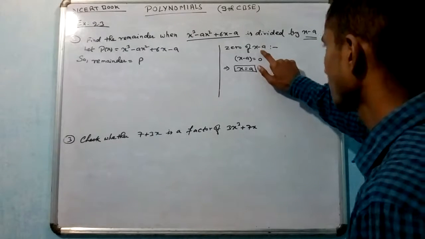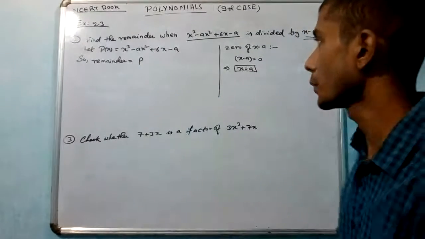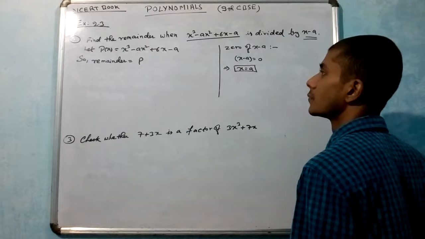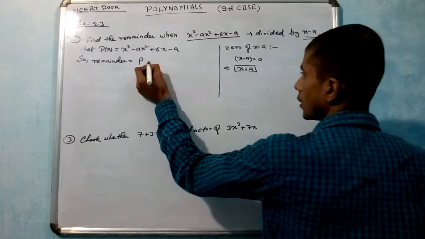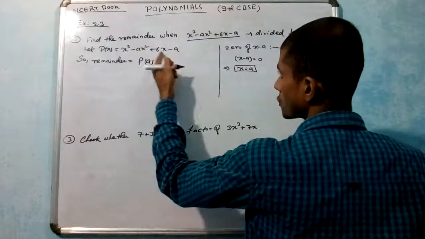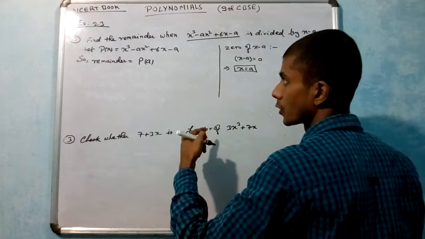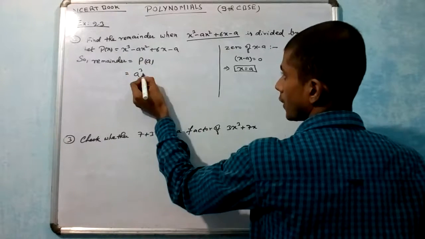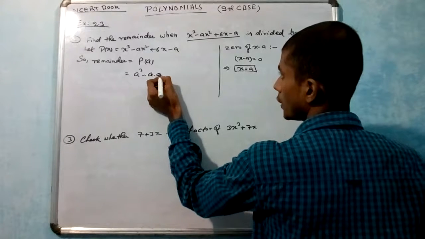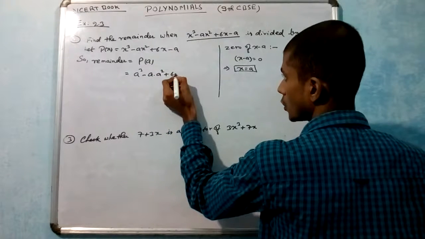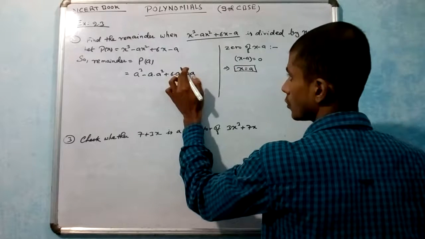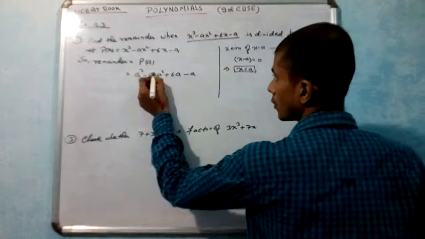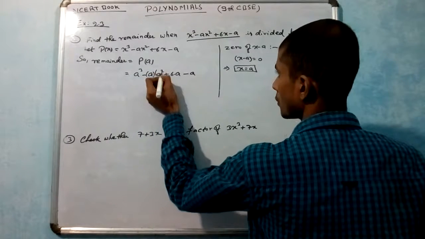Now what do we have to find for the remainder? p of a. Yes, p of a means in place of x we have to substitute a. So let us substitute now. So a cube minus a into a square plus 6 into a minus a. The dot means multiplication only. A square, you keep like this.